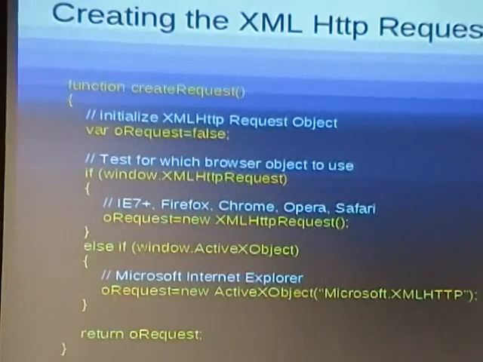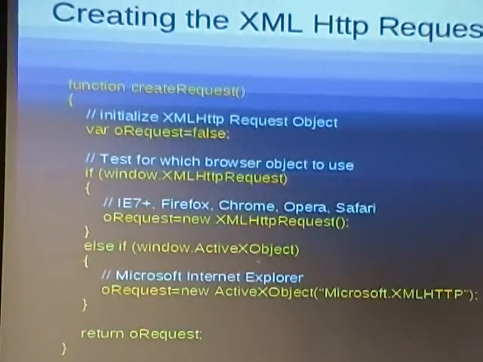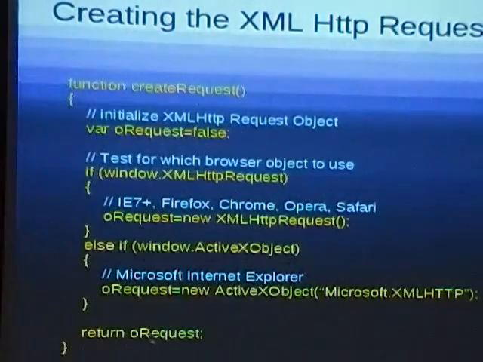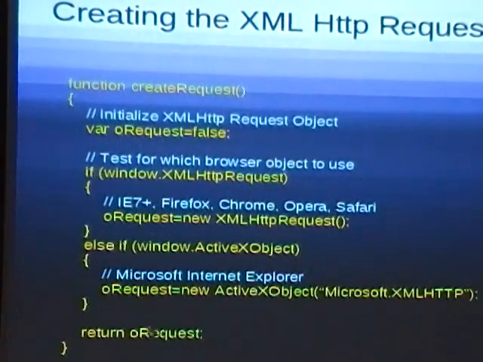However, if I can't do that, then I come over here and see, does it have an ActiveX object? If it does, then I create the request using the Microsoft standard ActiveX object here. And then my function will return the request, the HTTP request object.